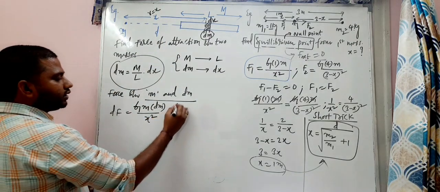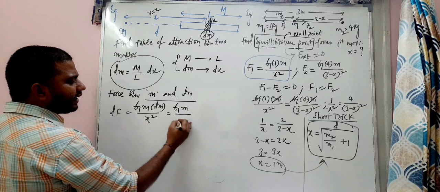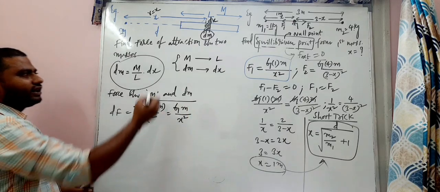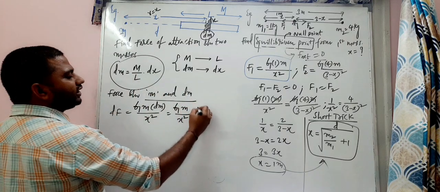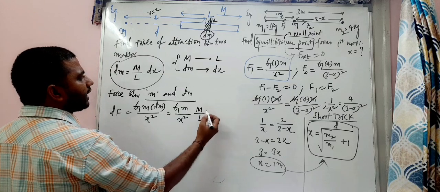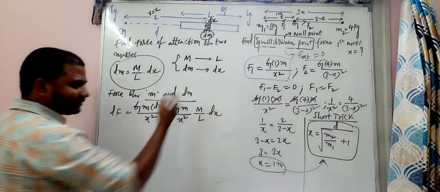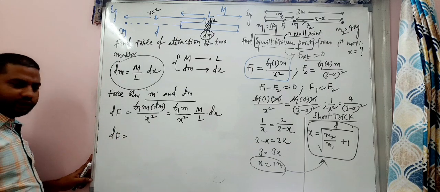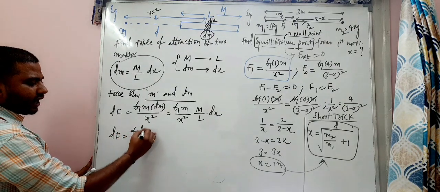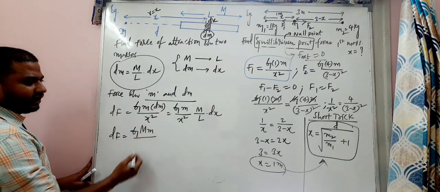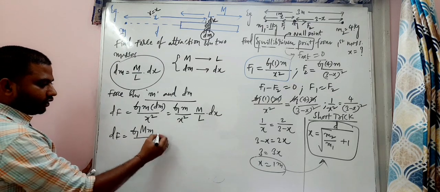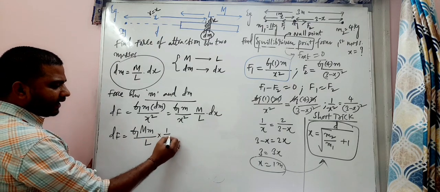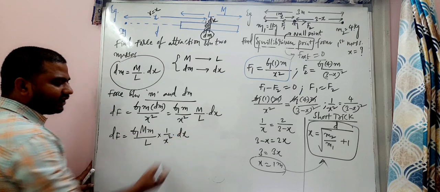So df is G into small m by x square into dm, and dm we just got from here: capital M by capital L into dx. Note everybody, df is equal to capital G, capital M, small m divided by L into 1 by x square into dx.